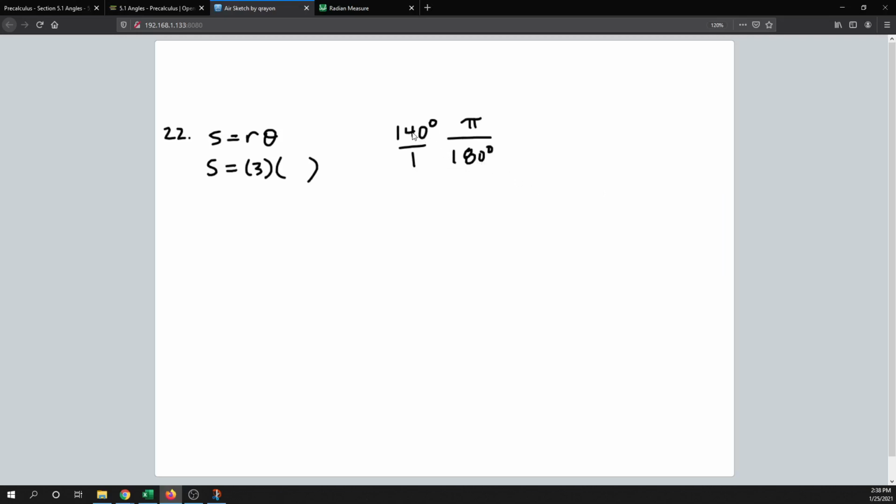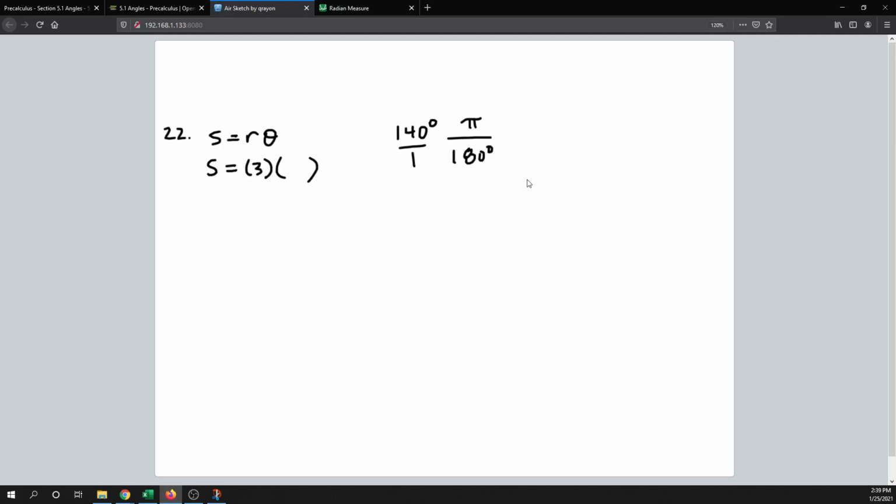So it's obvious, right, that 10 goes into 140 and 180, both of those, right? So 10 would be a common factor between the numerator and denominator. And then 14 and 18, 2 goes into both of those evenly, right? So it would be 20, right, would go into 140 and 180.